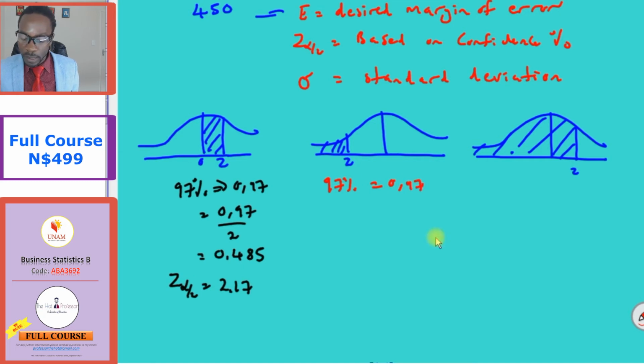But now, since we're using the smaller version, the one which is shaded small, you simply say 1 minus 0.97, divide the answer by 2, and then we see what we get.